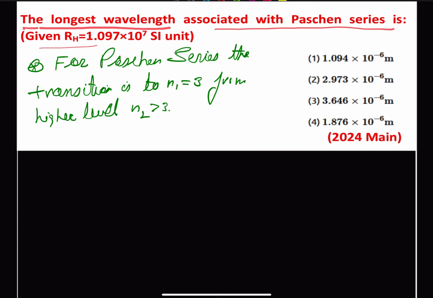But in this case we have to find the longest wavelength, which means there should be the smallest energy difference between the two levels, and that is only possible if the value of n2 is equal to 4.